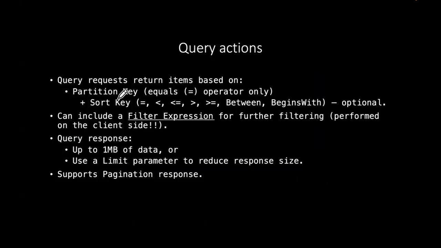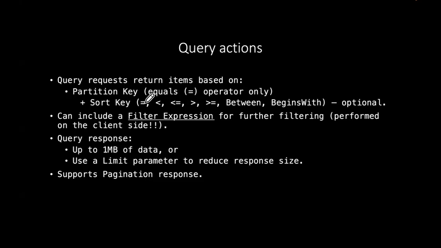For the sort key, you have all of these operators, and there are actually a few more as well. But if you take the simplest ones, if the sort key is a numeric value, then you can specify less than or equal to, greater than or equal to, between. They all make sense.